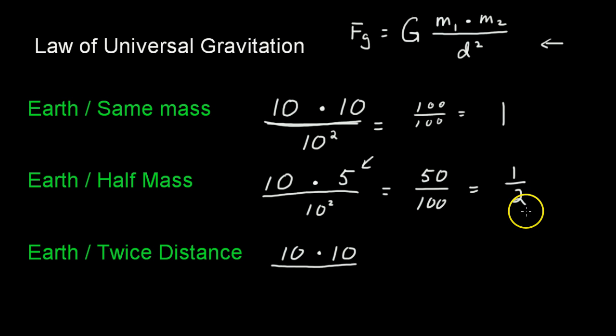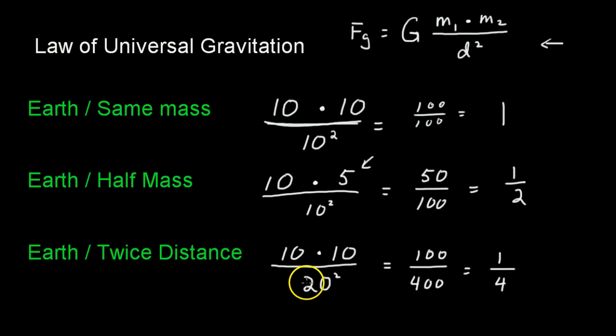All right, but that's not the case. So what we would get, if it's twice the distance, it would be 20 squared instead of 10. So we get 100 over, well, 20 squared is going to be 400. And then we get a gravitational number of 1/4.